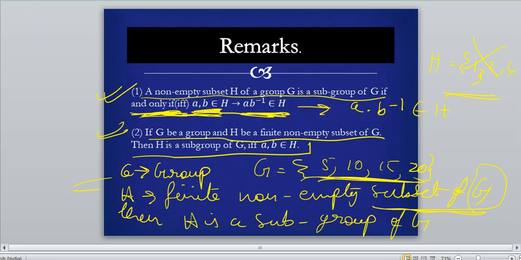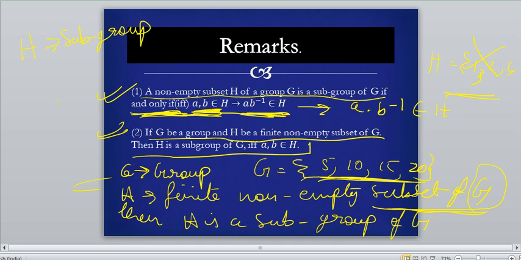Then we moved on to a few remarks on how H, a non-empty subset, can be a subgroup.